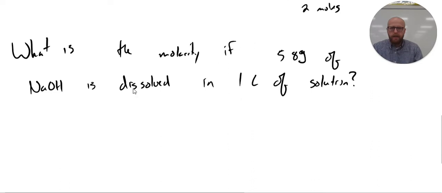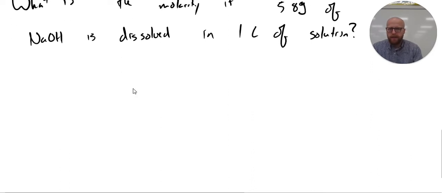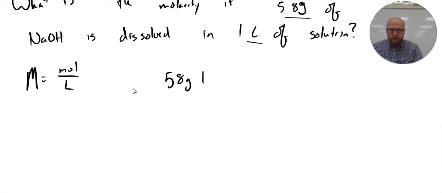Okay, well, so how do I find this? Anytime you're doing a solution or molarity, always look back to this equation. Molarity equals moles over liters. You can be given any 2 of these 3 variables and you can solve for the other one. So let's see what I'm given. I don't have these 2. I've got grams and I've got liters. But I can convert from grams to moles. So I'm going to take that 58 grams sodium hydroxide.